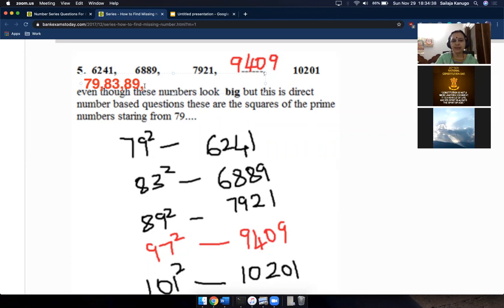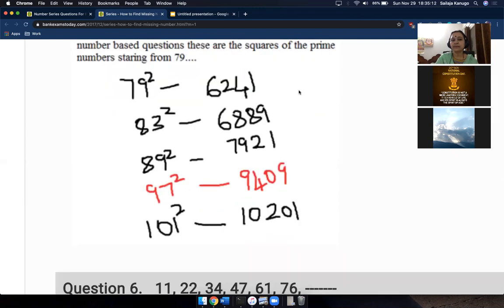The difference is increasing, here it is 4, here it is 6. What will be the next one? 8. So 89 plus 8 will be 97 square. Then the next number also you have to check whether it is holding good or not. Then you have to substitute your number over there.